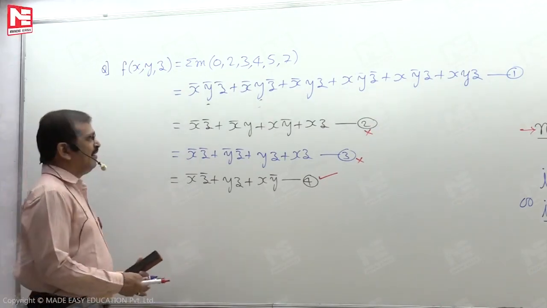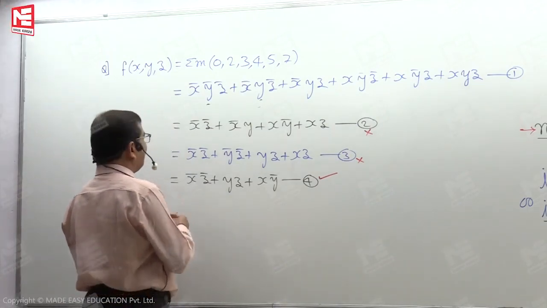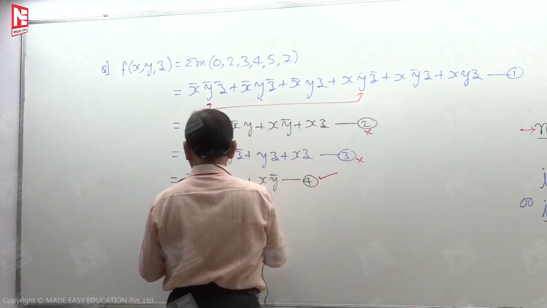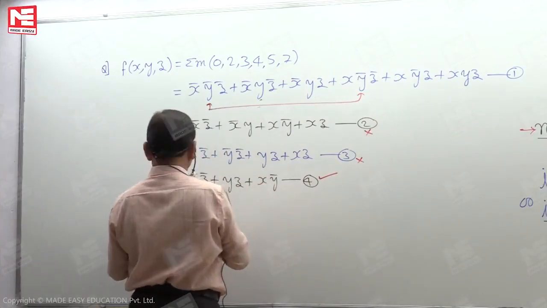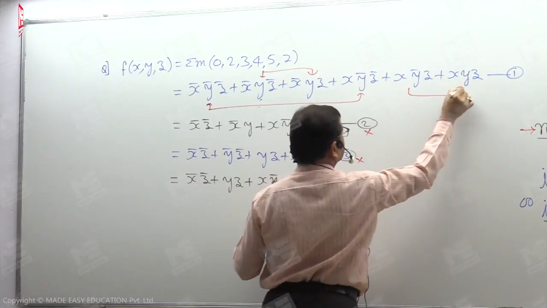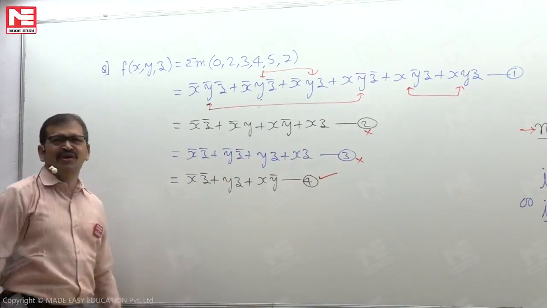If you look here well, it is possible by grouping the first and fourth, the second and third, and the last two terms. With this grouping we also have coverage of every min-term.